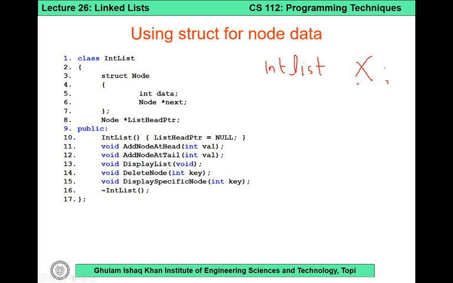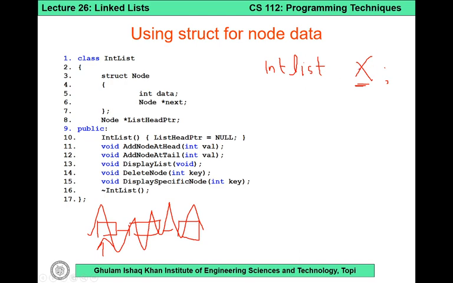Now this x variable represents a linked list, but when we have declared this linked list for the first time, this list does not exist. Because this list does not exist, the head of the list also does not exist, because we have just declared it.